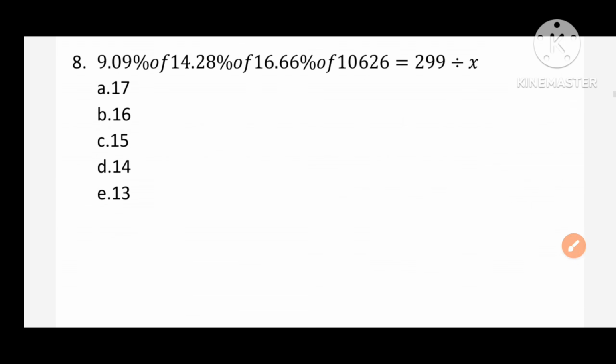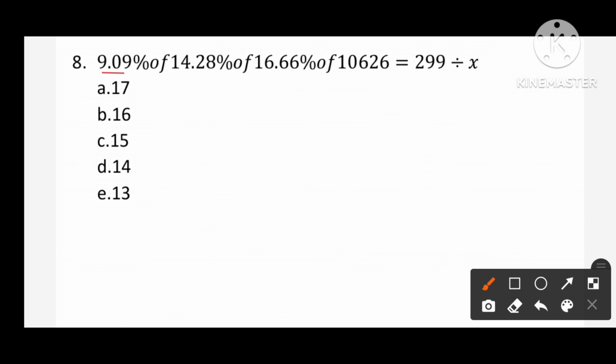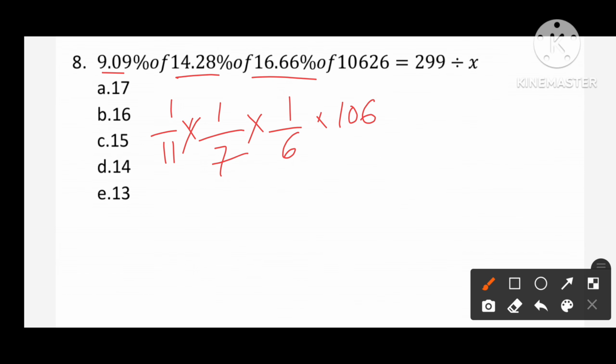Next, question number 8. 9.09 means the fraction value of 1 by 11. This is the fraction value of 1 by 7. Next, this is the fraction value of 1 by 6. So 10626 equals 299 divided by x. So 11 9 times 99, 72 means 6 times and 6 times.